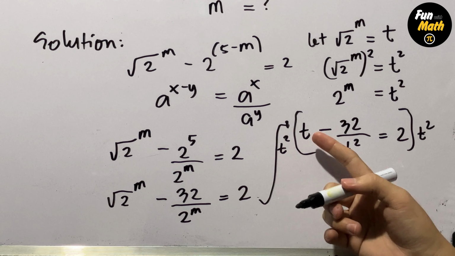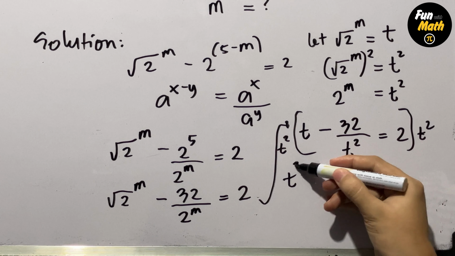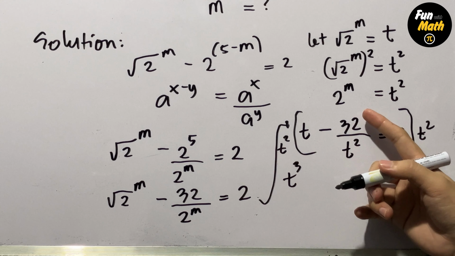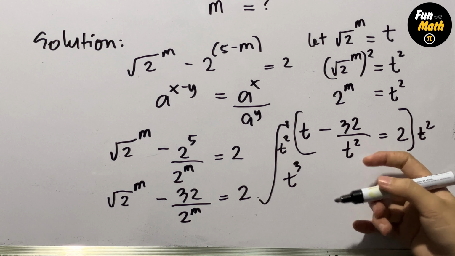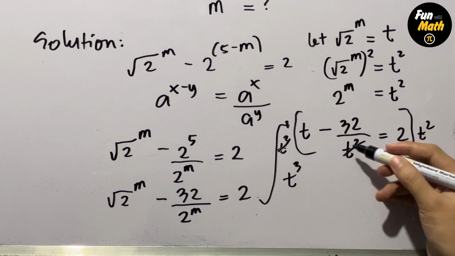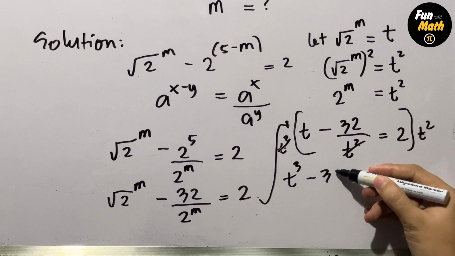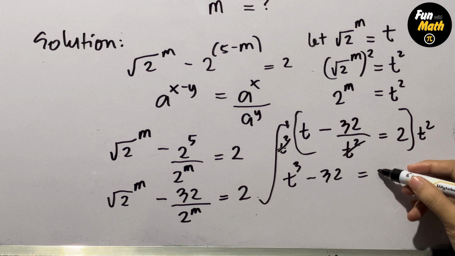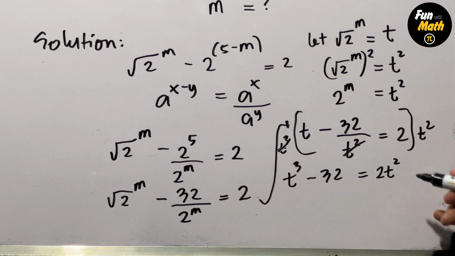So t squared times t, that's t cubed. T squared times 32 over t squared, this is cancelled. We're left with minus 32 equals t squared times 2, that's 2t squared.